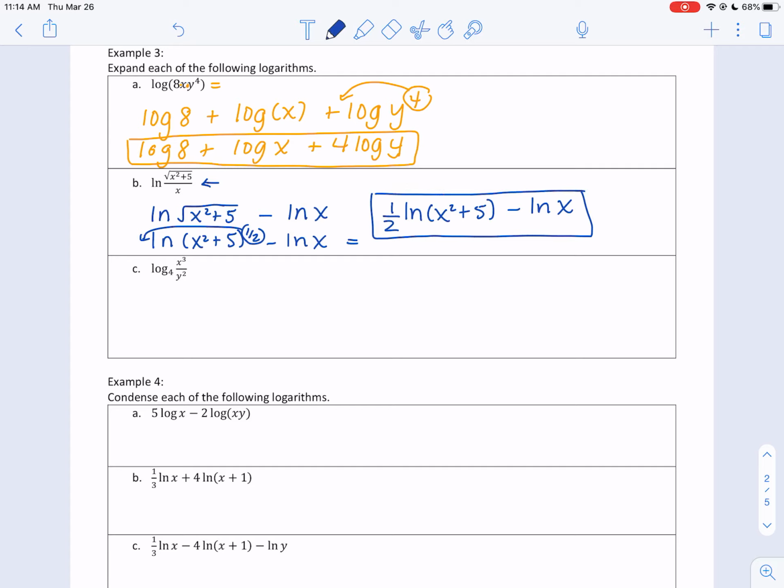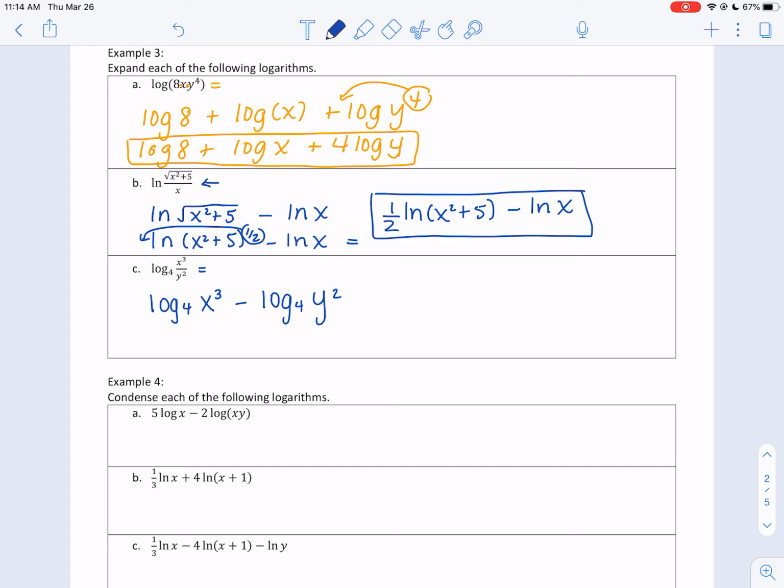Notice that when I started with my original function here as the natural log, we continued through as we expanded where every single term had to keep that expression for the natural log. If you look at the next one here, log base 4 of x to the 3rd over y squared, we're going to continue through here again using our division. We're going to use subtraction. We have log base 4 of x to the 3rd minus log base 4 of y squared.